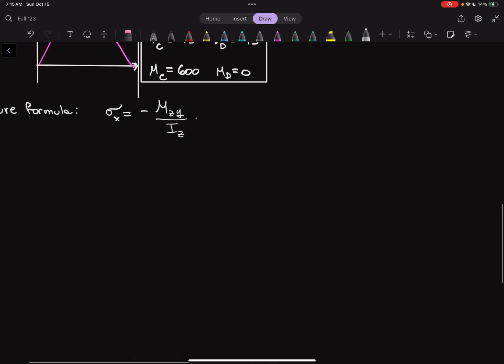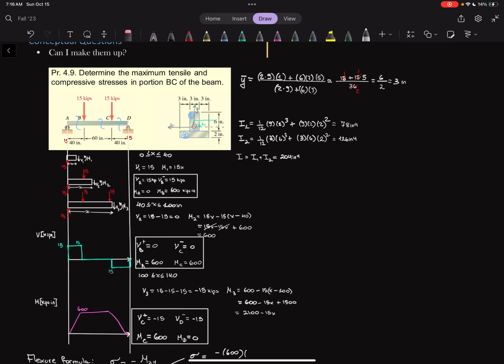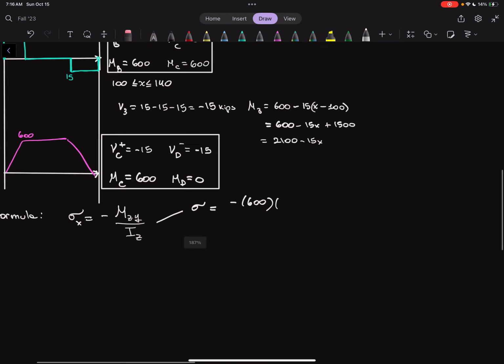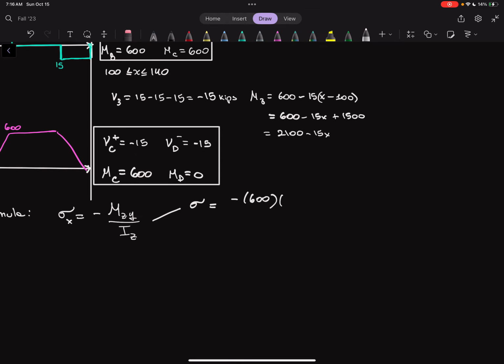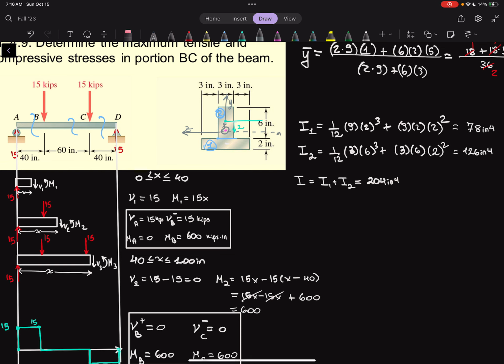So for sigma in tension is going to be minus M. Well, the highest is 600, and y is going to be, is this a symmetric cross section? No. So let's do, this is going to be compression, so we'll go to the top. And so how far are we from the top if this is 3?